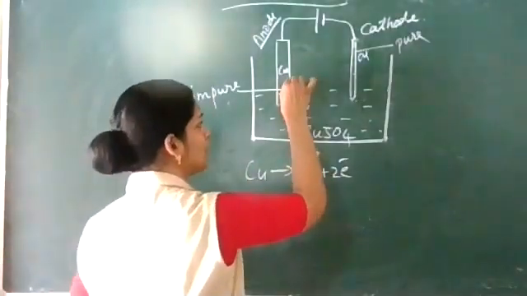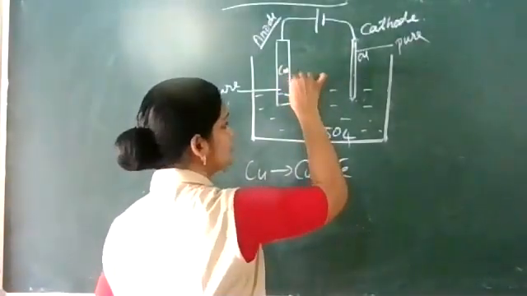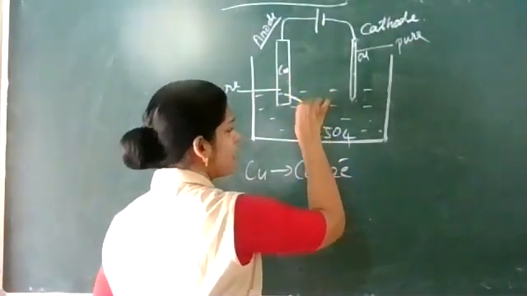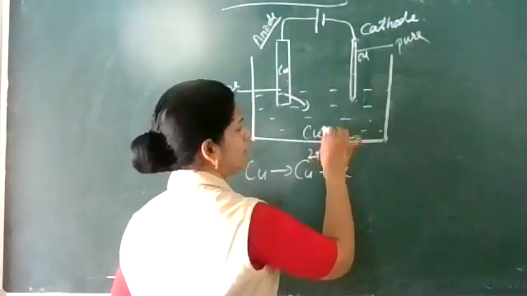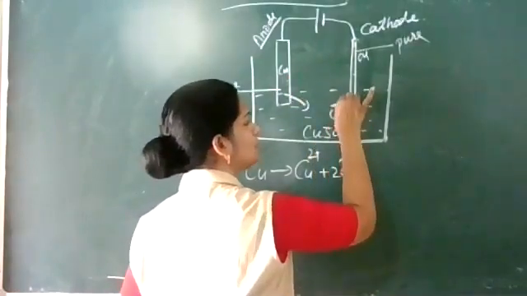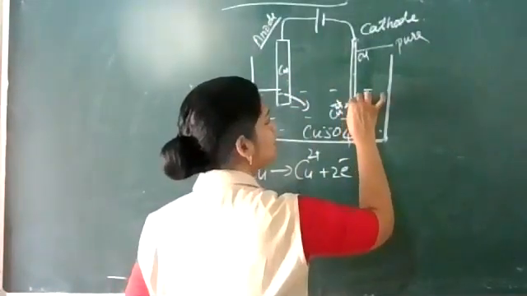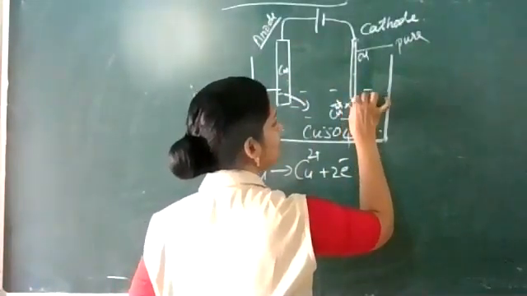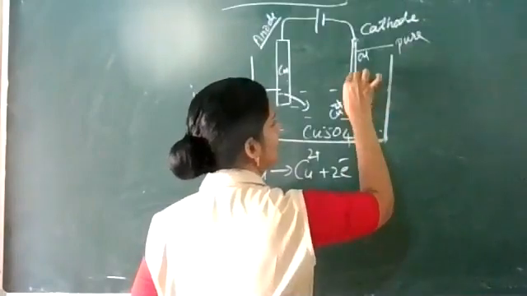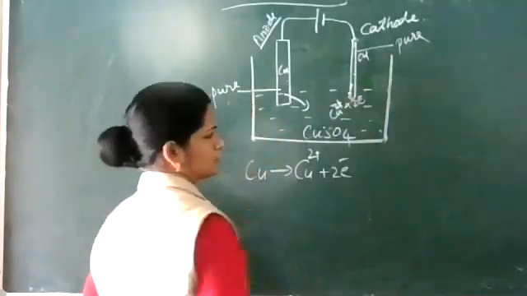When one Cu changes to one Cu2+, an equivalent amount, that means one Cu2+ from here will get reduced. It will take electrons.